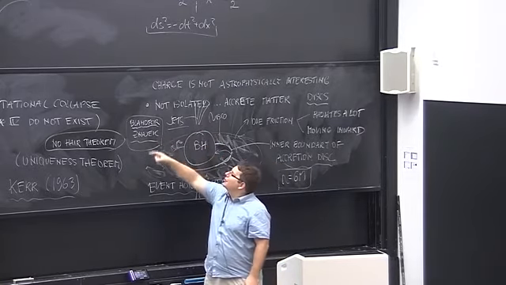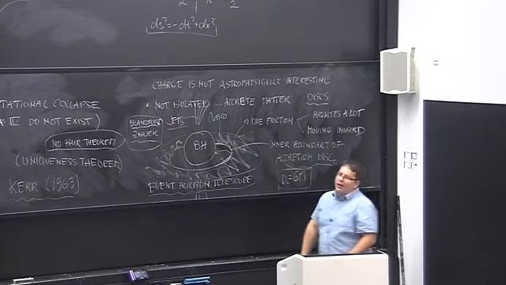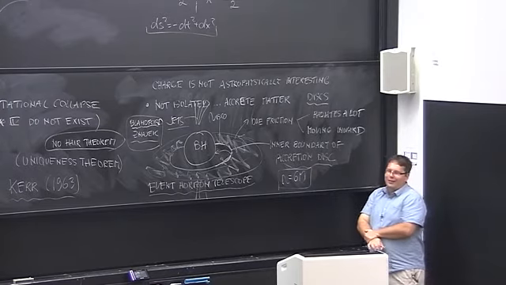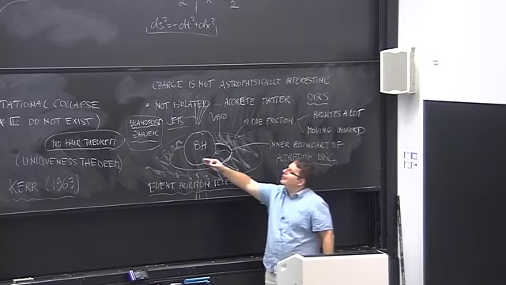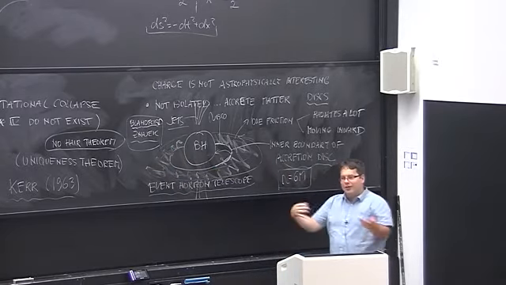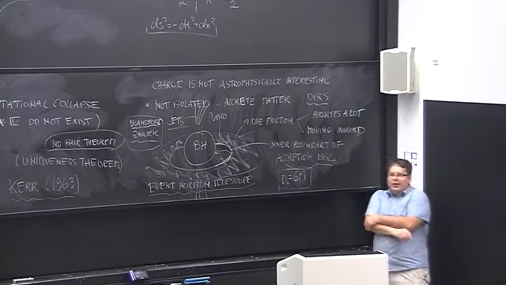If you are interested in the Blandford-Znajek mechanism, just look it up on Wikipedia and read about it. It's really a mechanism to extract rotational energy from a rotating black hole. All right, are there questions?